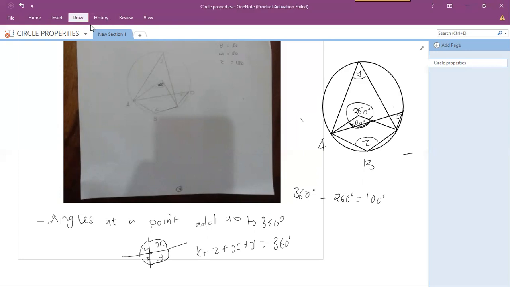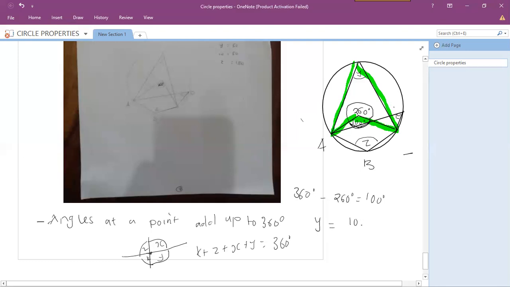Then we identify that circle property: angle formed at the center, like so, is twice the angle formed on the circumference. Therefore, angle Y will be 100 degrees divided by 2, which will be 50 degrees.